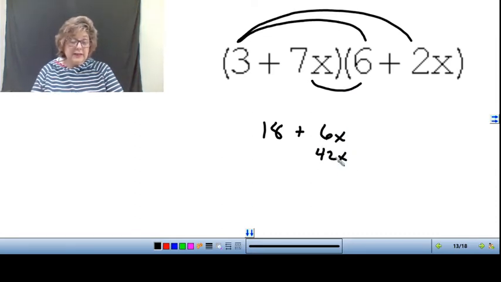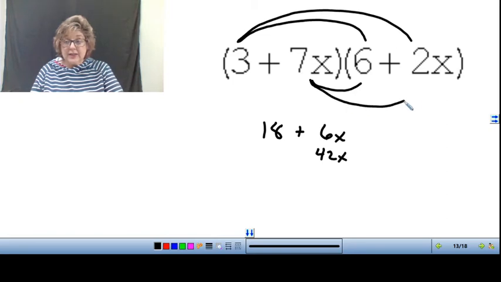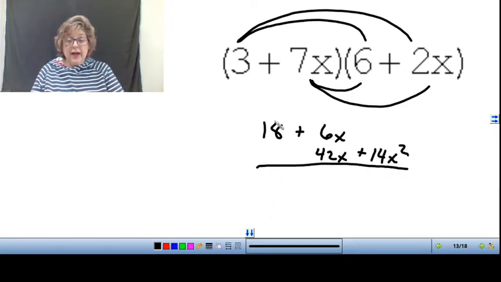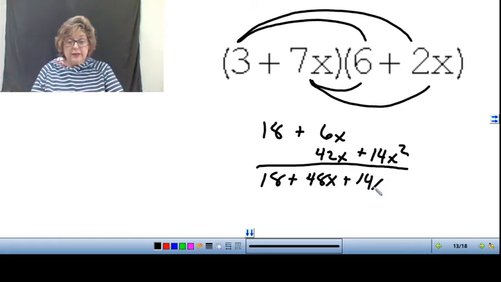And I like to line like variables up, so I'm going to put it right underneath there. And then the 7x times 2x is going to be a plus 14x squared. Now all I do is draw my line and I can add straight down. So it'd be 18 plus 42 plus 6 is 48x plus 14x squared, and now that would be my answer.